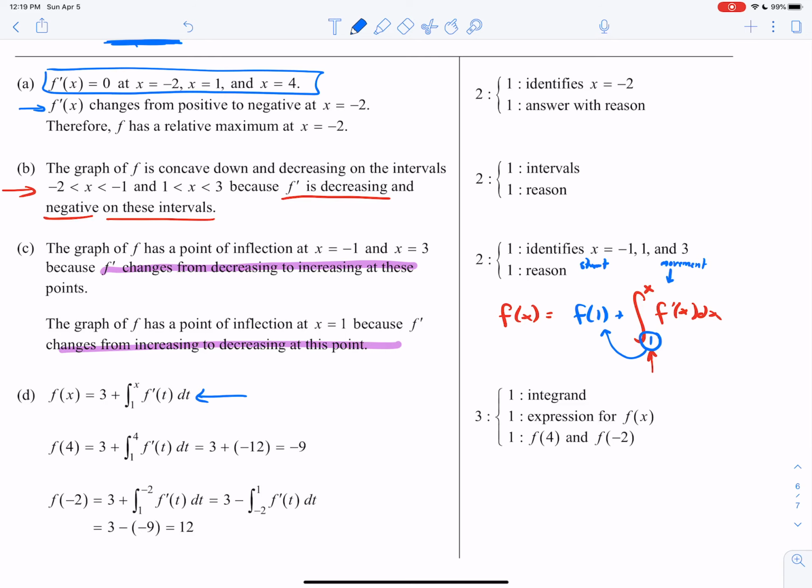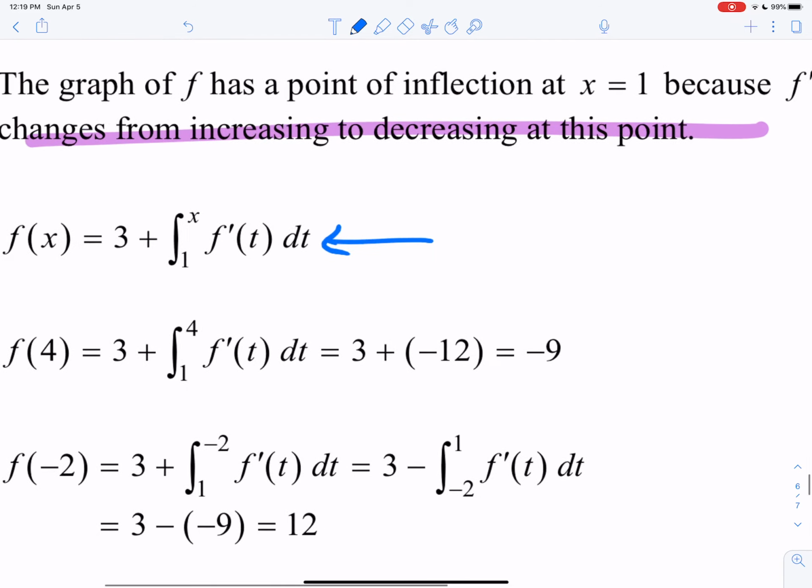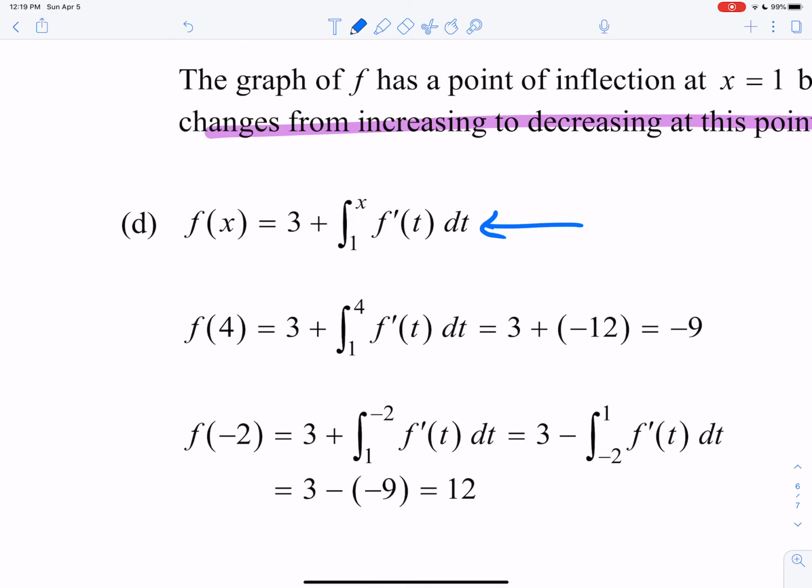So if you want to find f of 4, you're pretty much replacing an x with a 4. And if you want to find f of negative 2, you're replacing x with a negative 2. Now, what does this all mean? It's going to be 3 plus this.